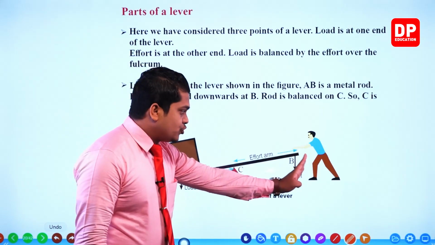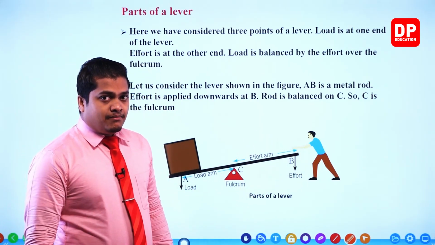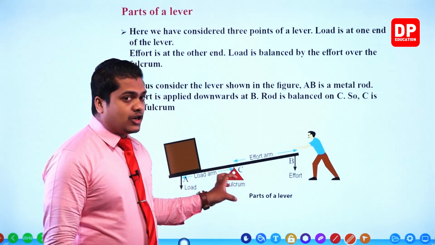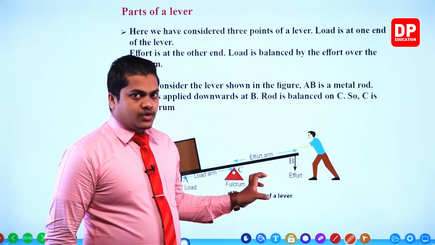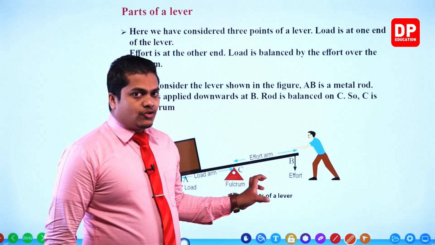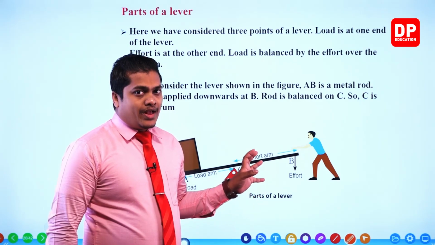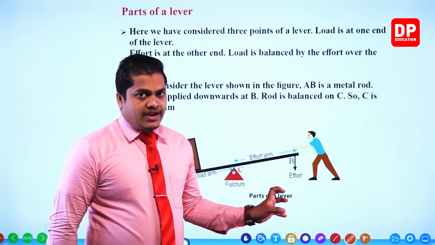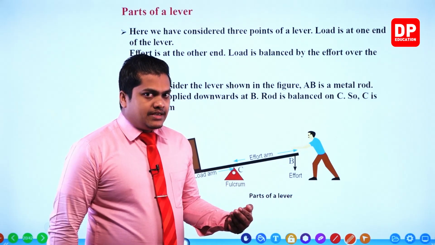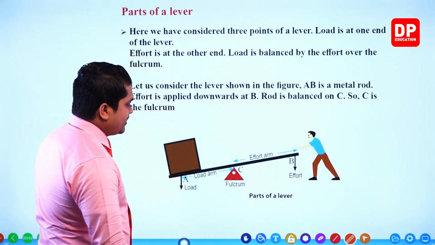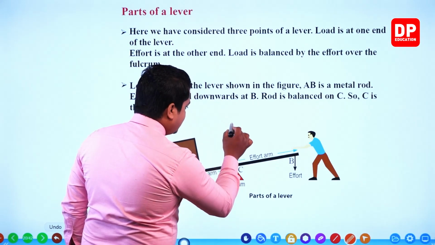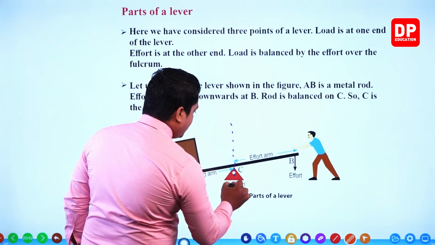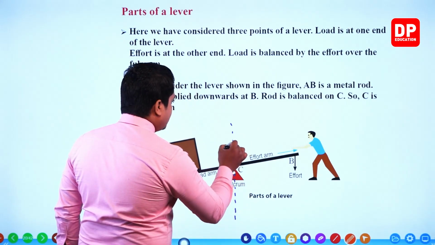And these two are well balanced by the thing called fulcrum. So the fulcrum is the one which is going to help to balance the load and the effort, my dear children. And the other thing is that from the place where the fulcrum has been placed, the lever is going to rotate here and there.